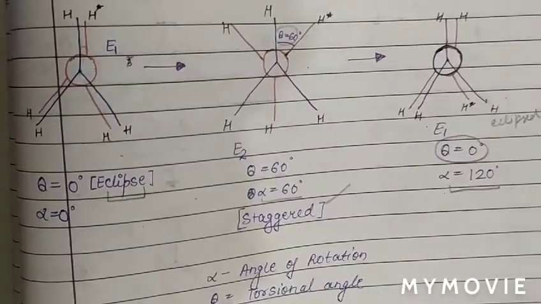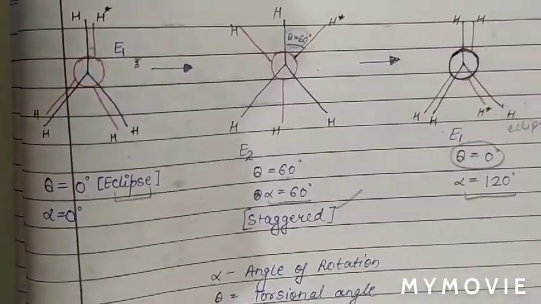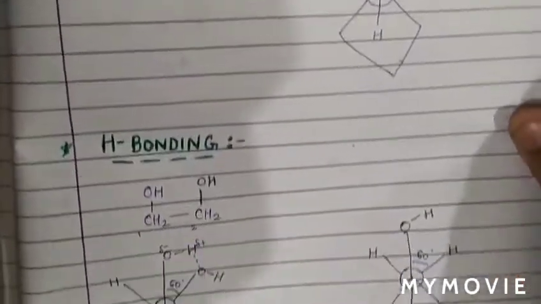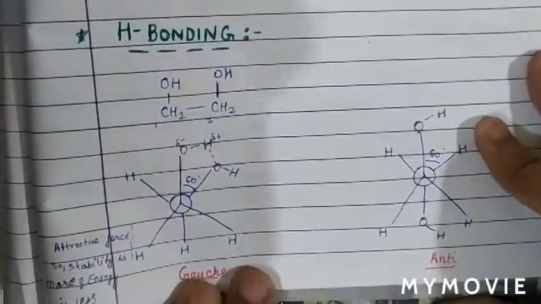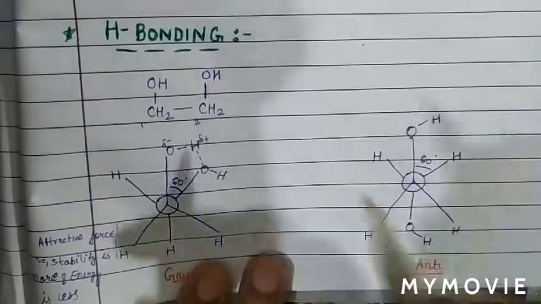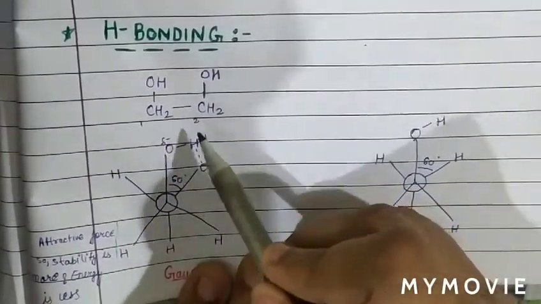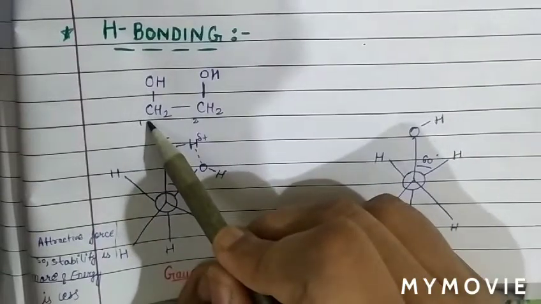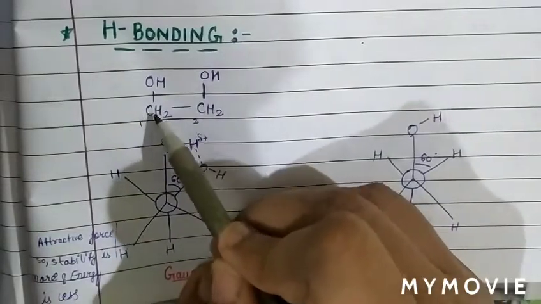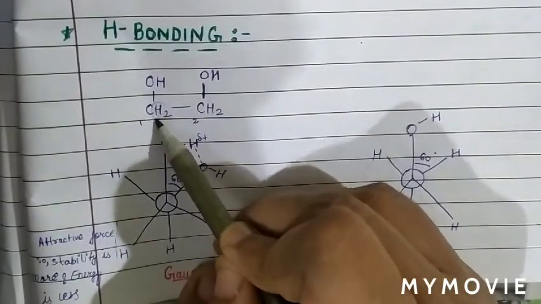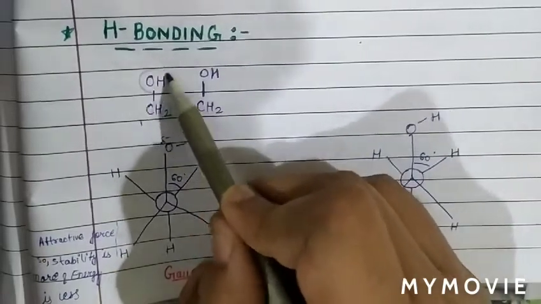Now we will discuss the case of hydrogen bonding in conformers. As we can see, there are two carbon atoms. This is the front carbon and this is the rear carbon. The front carbon is connected to 2 hydrogens and one OH group.